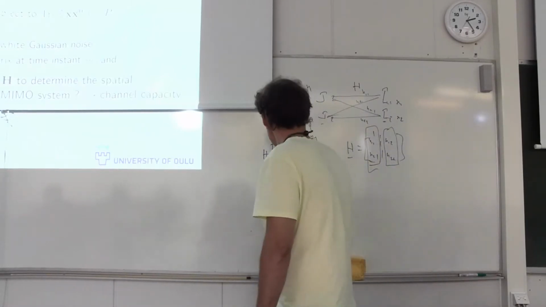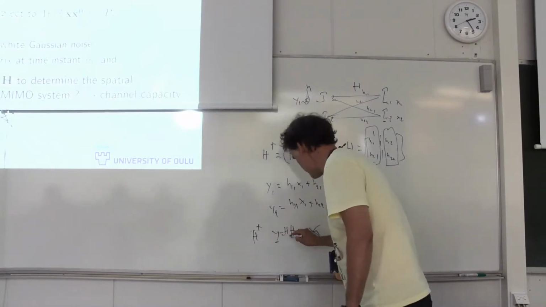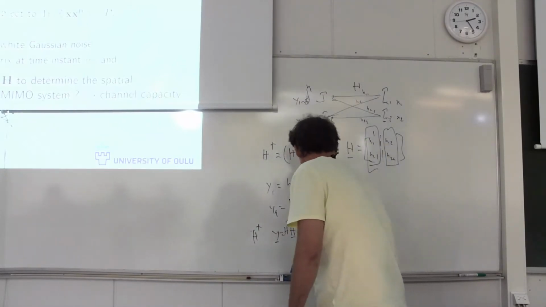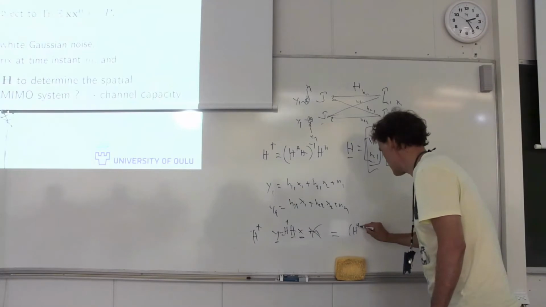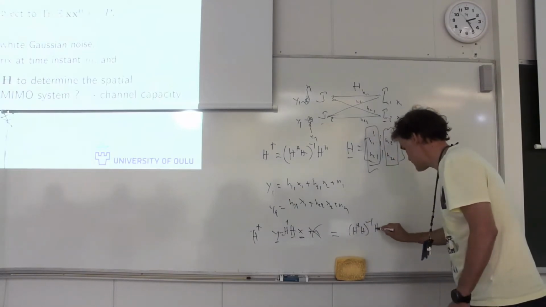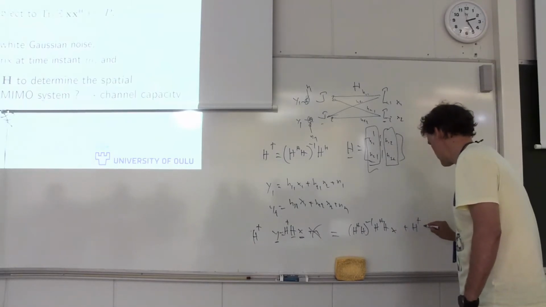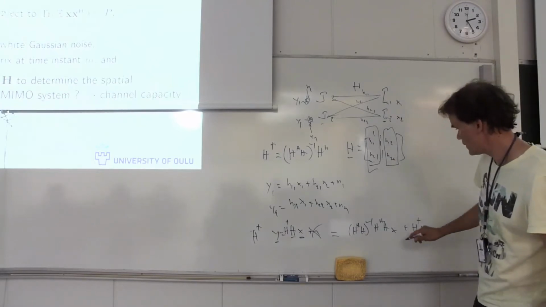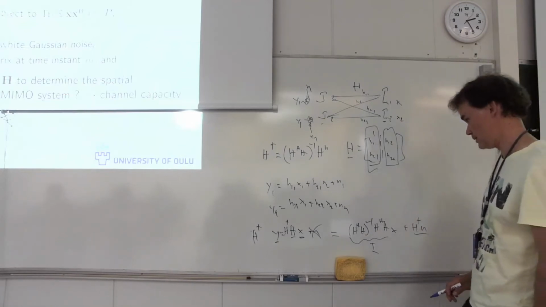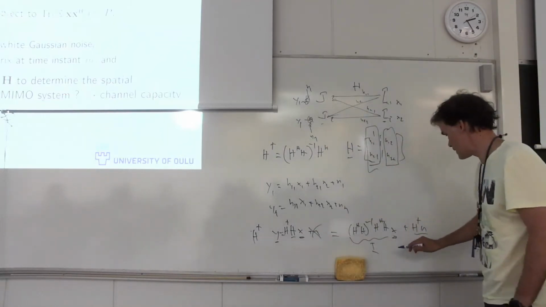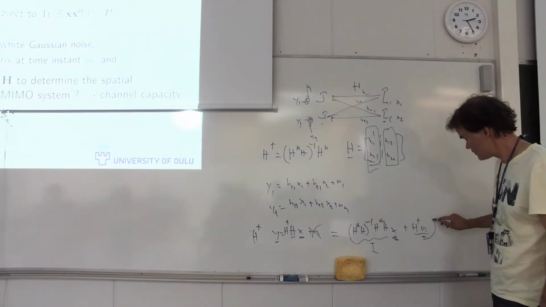You plug in, and you multiply from the left with the pseudo inverse of H, you get H Hermitian H inverse H Hermitian. You can see that clearly this part here is identity, right? And you recover x. Without noise, this would be exactly x. With noise, it's distorted by this term.